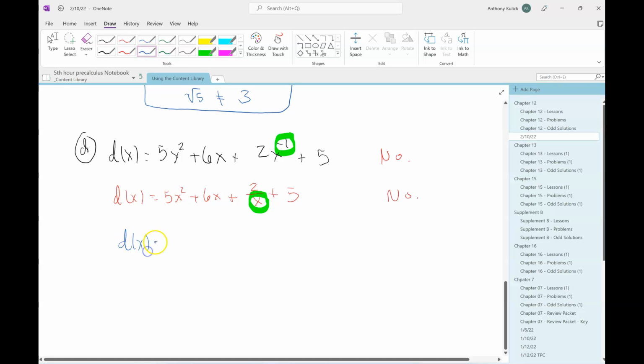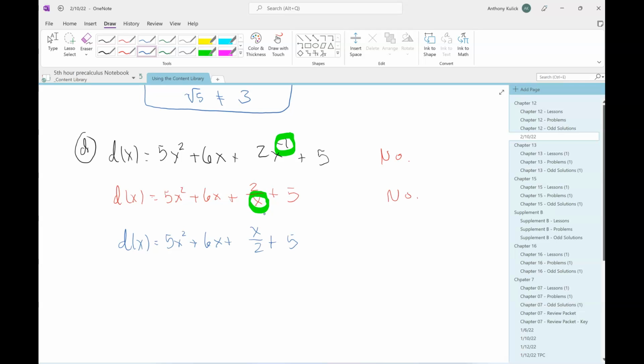What if we had this one? 5x squared plus 6x plus x over 2 plus 5. Is that a polynomial? This is.